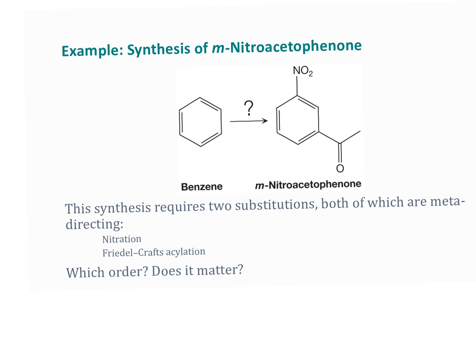So when we look at this synthesis, it requires two substituents, a nitration and a Friedel-Crafts acylation. Because the NO2 group and the acetyl group are both meta-directors, regiochemistry does not depend on the order in which these substitutions are carried out.